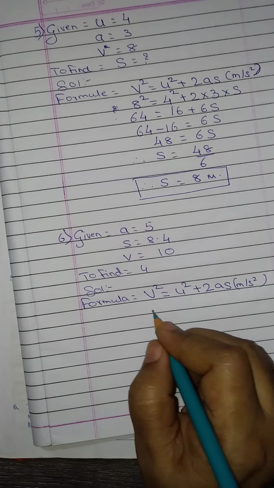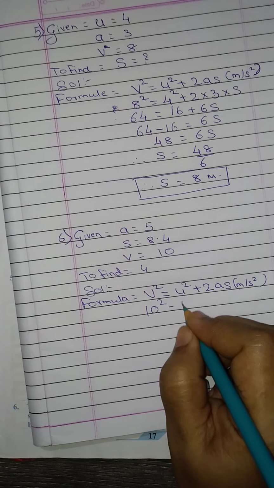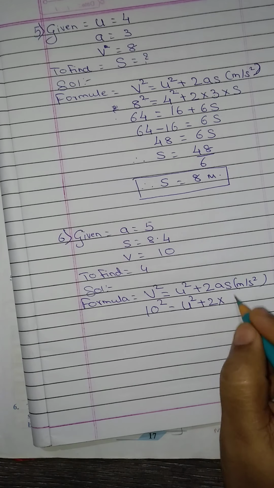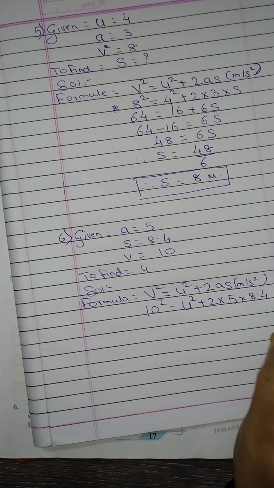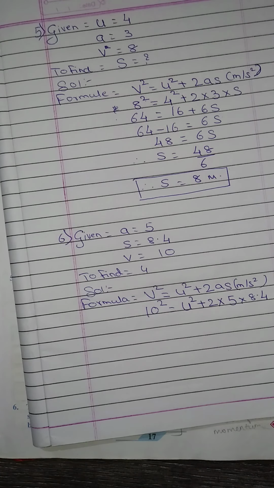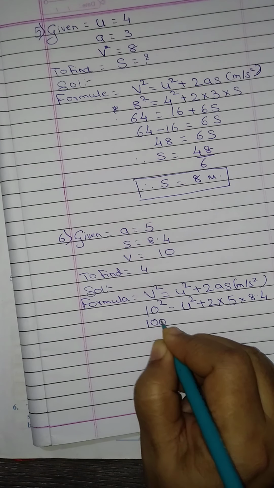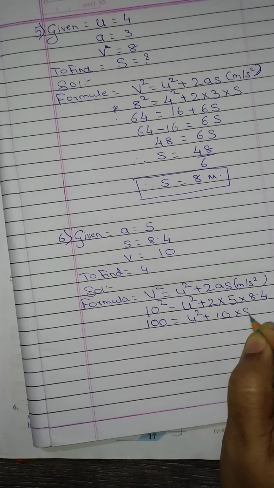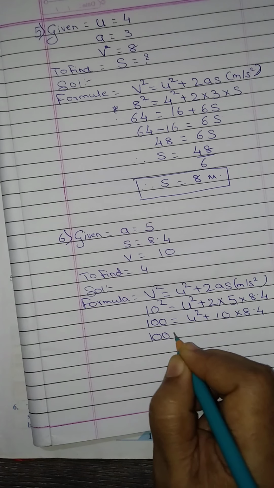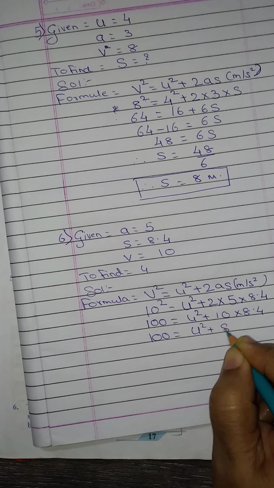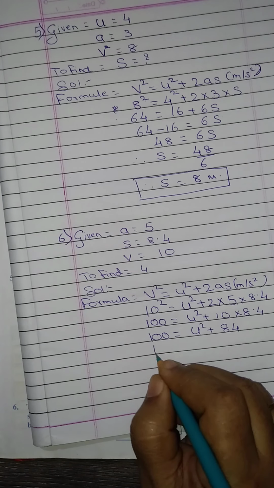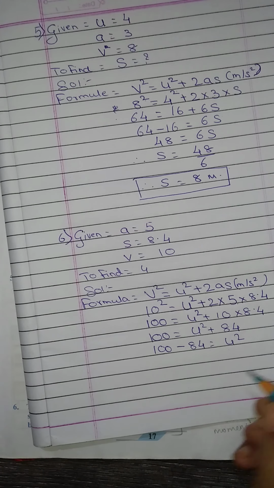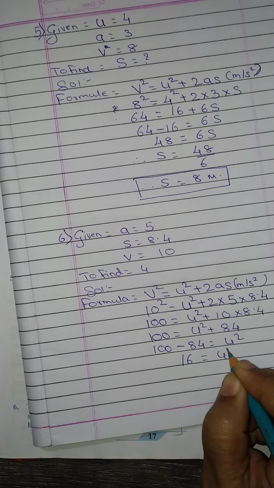V square. What is V square here? 10 square is equal to u. We don't know u as we have to find the u. Plus 2 into 5 into 8.4. 10 square is 100, is equal to u square plus 2 5s are 10 into 8.4. 100 is equal to u square plus 84. 100 minus 84 is equal to u square. 100 minus 84 is 16, is equal to u square.